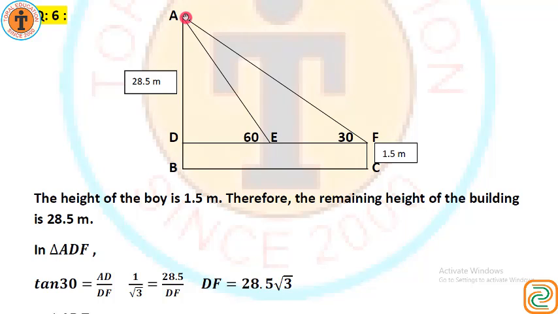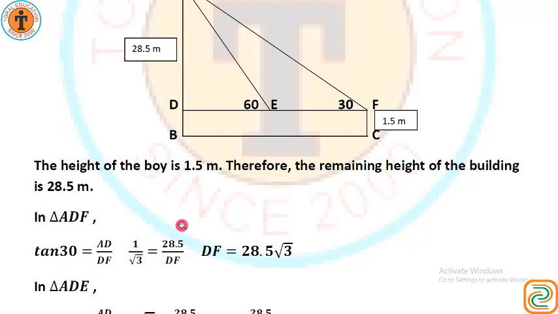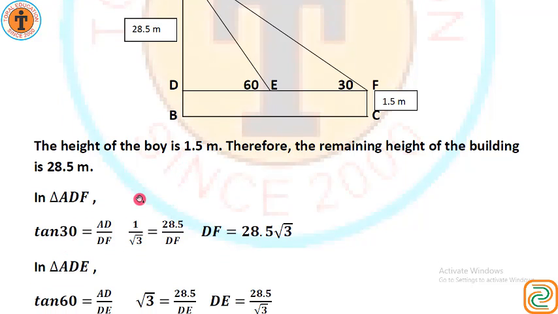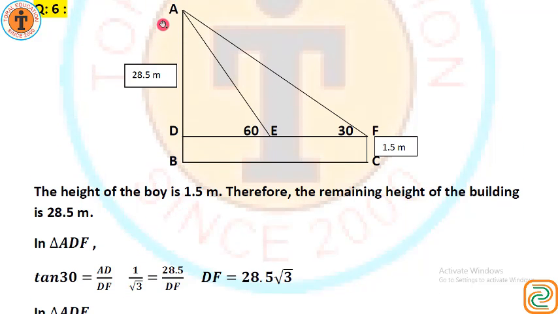Now there are two triangles, ADE and ADF. First we take the larger triangle ADF. tan 30 equals AD upon DF.